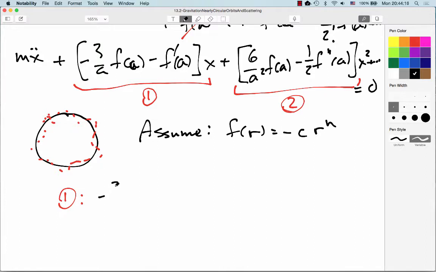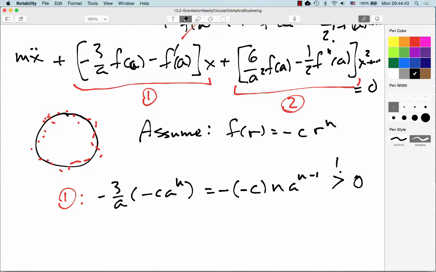We'll have a minus 3 over a, and then the force law itself will be minus c a to the n. That's good. And then for this bit here, we need to differentiate that. So we get a minus c, then we have an n a to the n minus 1. And we demand that that be strictly greater than 0.